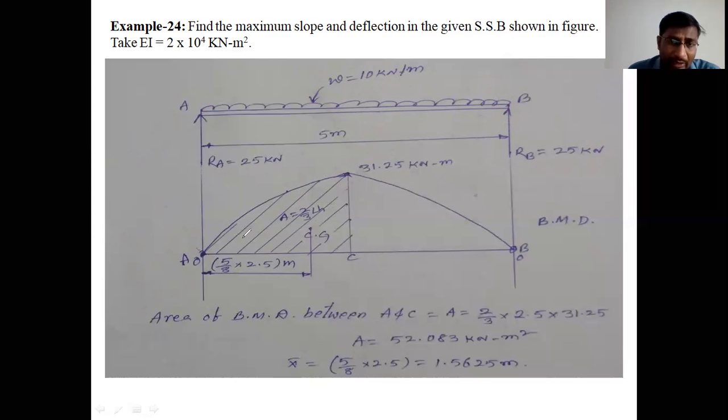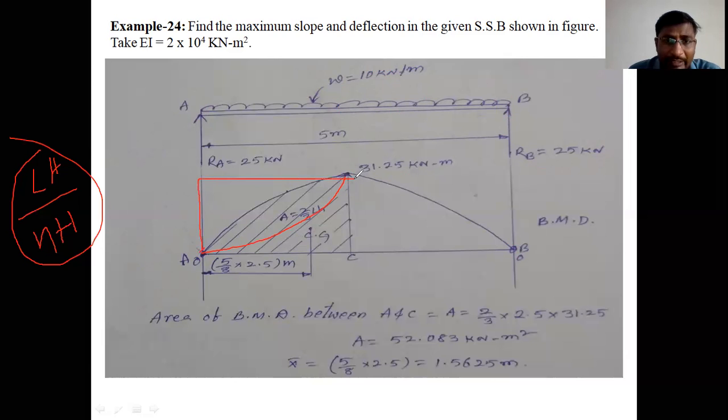We are considering the area between A and C. So first, how to calculate this area? As we know, the area formula is LH by n plus 1 if it is a parabolic curve. It is a parabolic curve like this, but it is not a concave parabola. It is a convex parabola. So how to find the convex parabolic curve area?